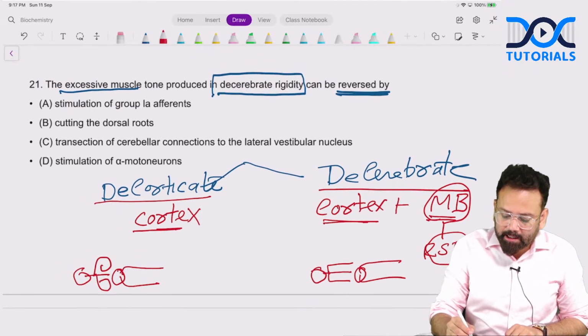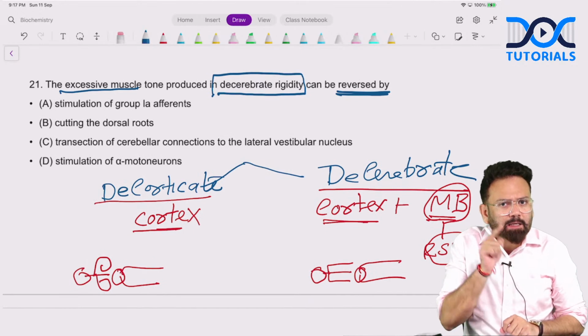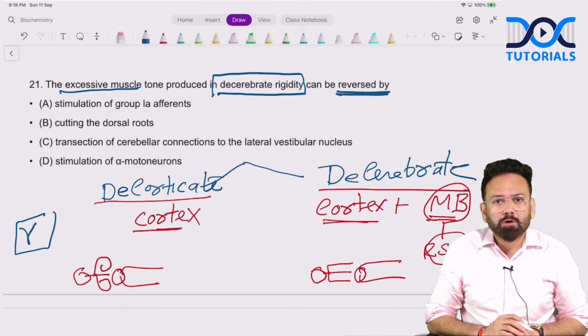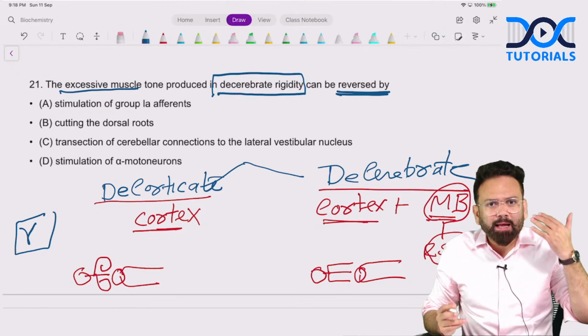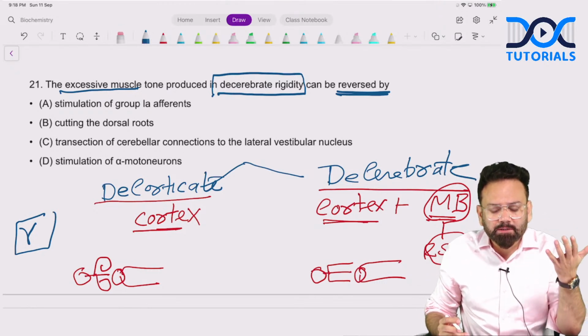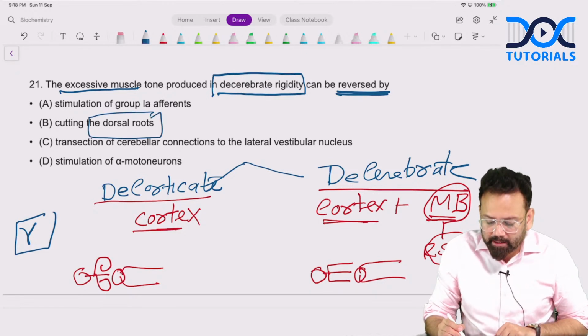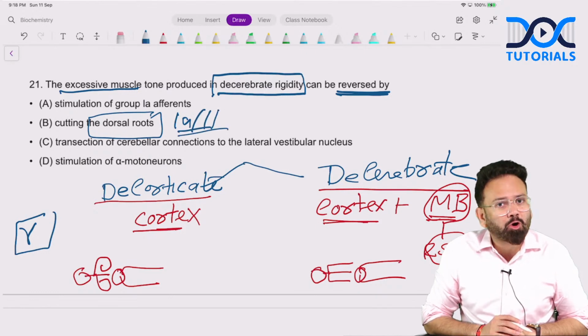Now, the question is, this rigidity is because of what? Gamma motor neuron discharge. So how can you abolish it? Simply abolish the afferent. Which route is the afferent going by? Dorsal root. All afferents 1A, 2, 1B are going via the dorsal root.